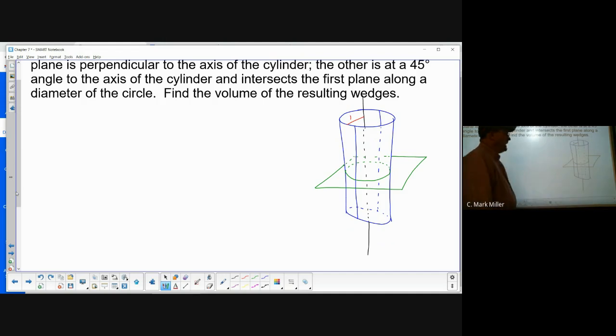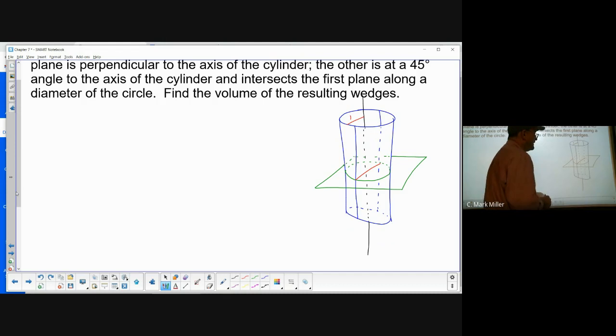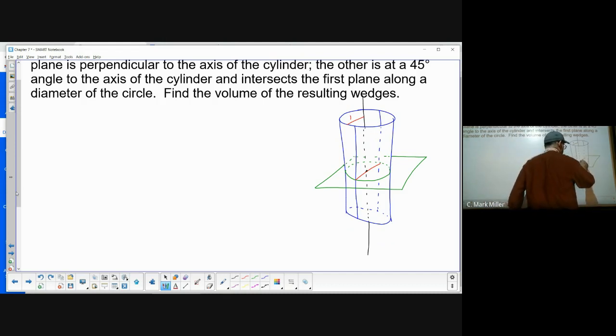Like that, right? Still hanging with me? Now, I want you to imagine a diameter of that circle. A diameter would go like this, say from there to there. That's a diameter, and the main axis hits that diameter in the middle, right there. So that red is a diameter of that circle.